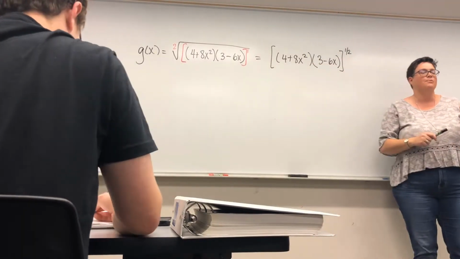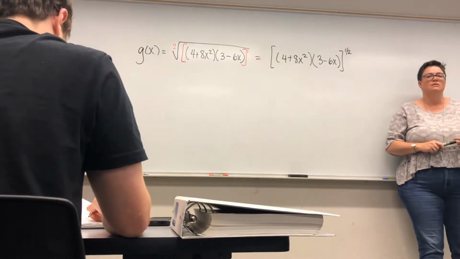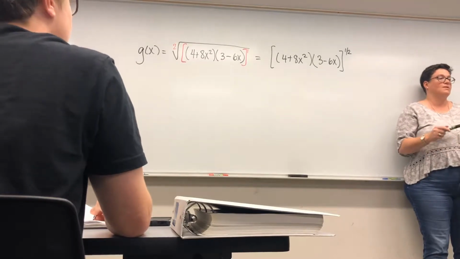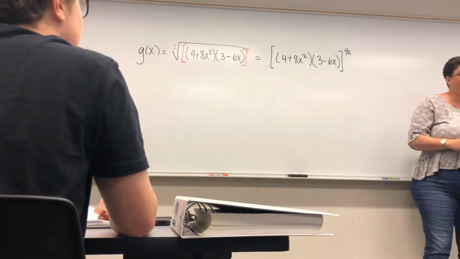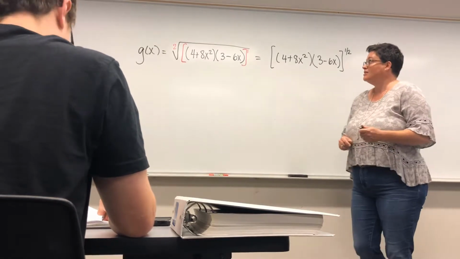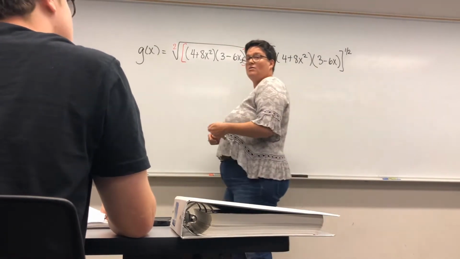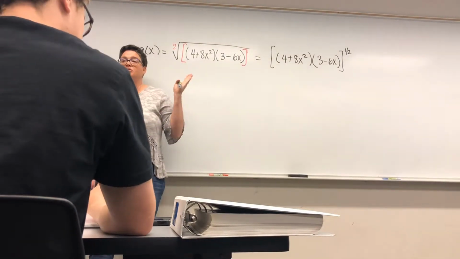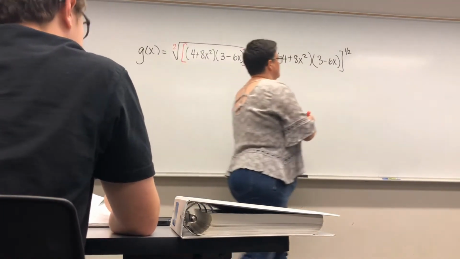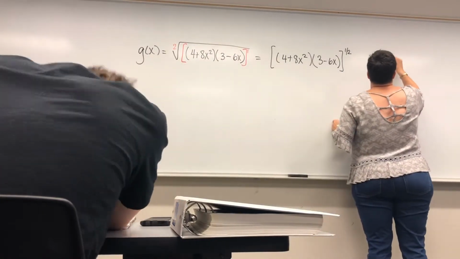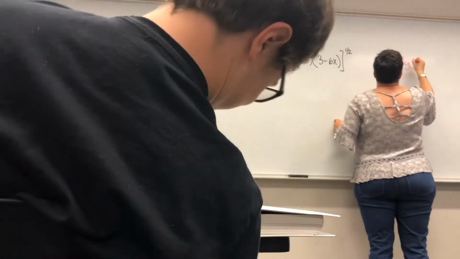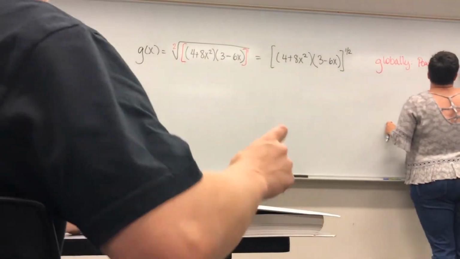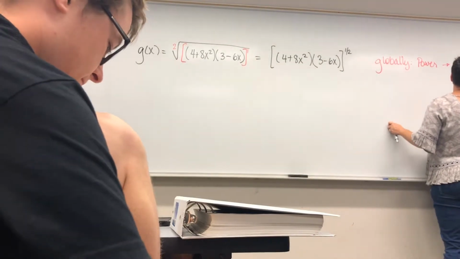Globally, is this a product, a power, or a quotient? We already know it's not a straight, easy, one-step derivative. It's a power, yeah, good. Locally, is this a product, power, or quotient? Product. So globally, it's a power, and so we'll do d out, d in as our process.